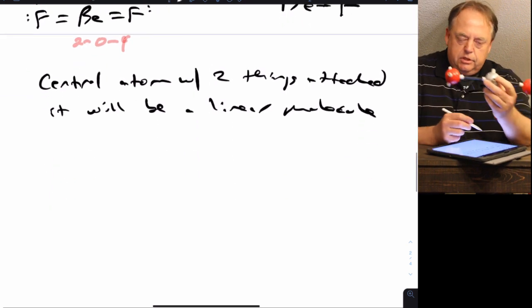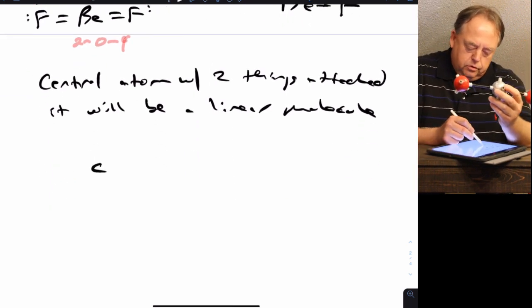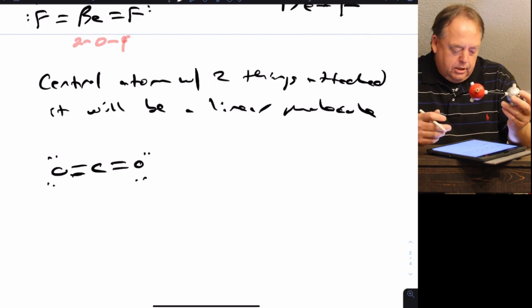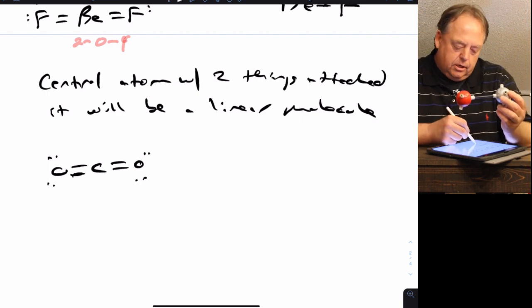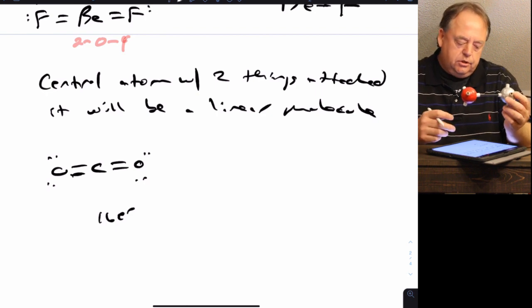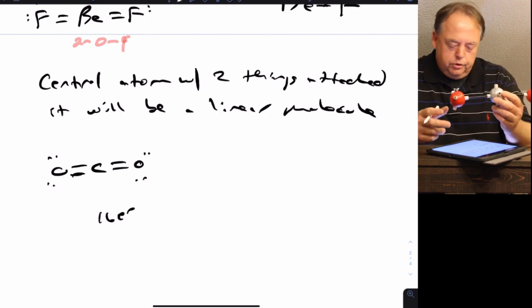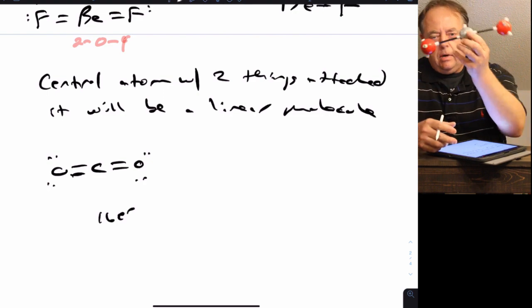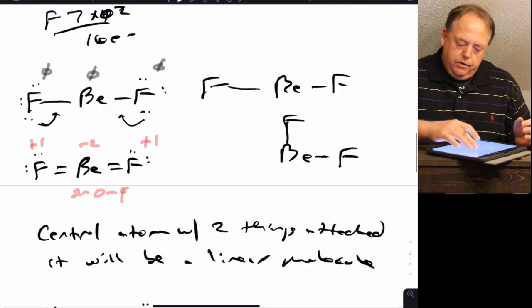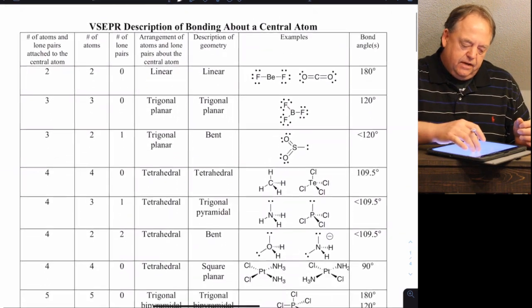So we could do the same thing for CO2. So if we drew CO2, carbon's double bonded to 2 oxygens, and then each oxygen has 2 lone pairs, so that's 16 electrons, and all atoms have an octet, and all atoms have 0 formal charge, so that's the right Lewis structure for CO2, and it would be a linear molecule as well. And so I've given you a handout, I emailed it to you, this VSEPR table.